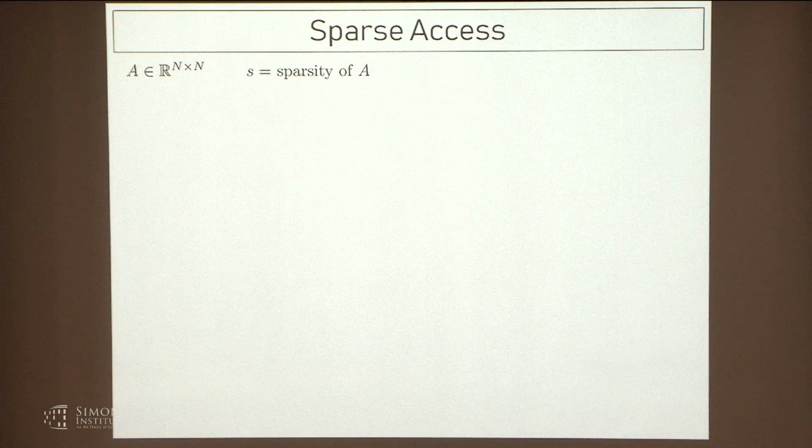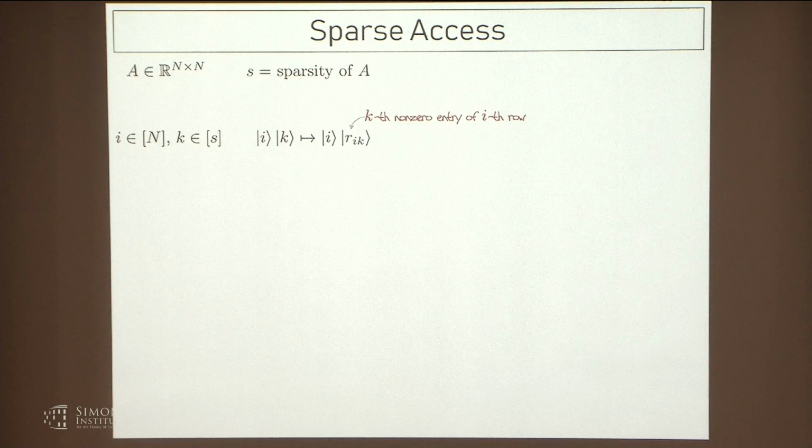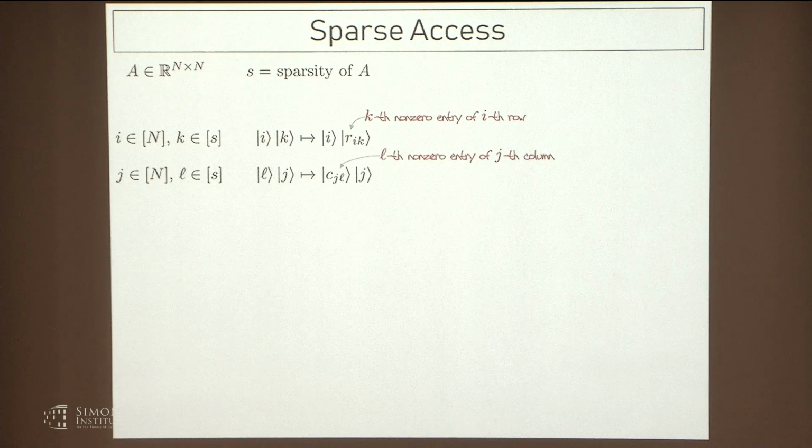And then we'll be able to query A in three different ways. So first we'll have some oracle that takes a row index i and a k between 1 and S, and it tells us the index of the kth non-zero entry of the ith row. And we'll have a similar oracle for columns, where for any column j, we can ask for the index of the lth non-zero entry in the jth column.